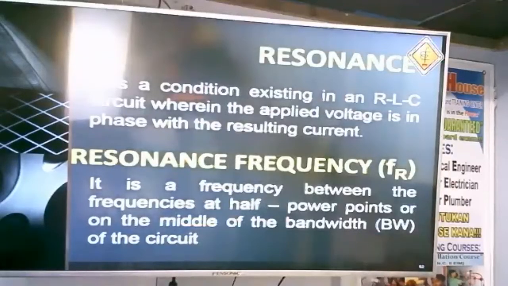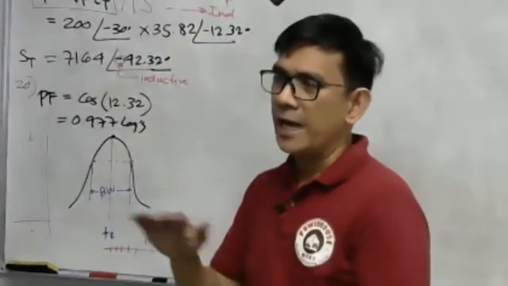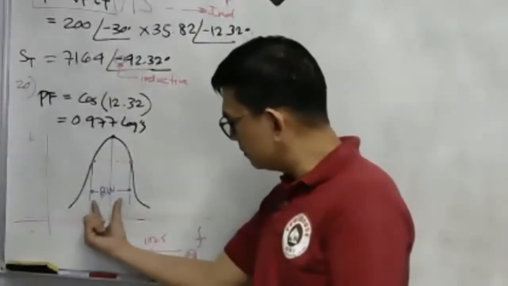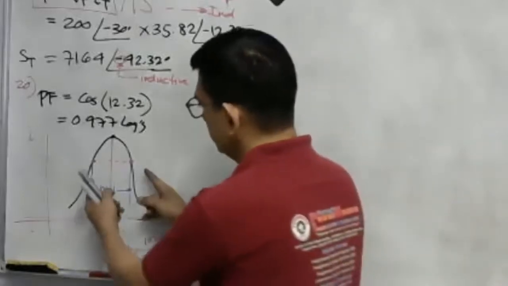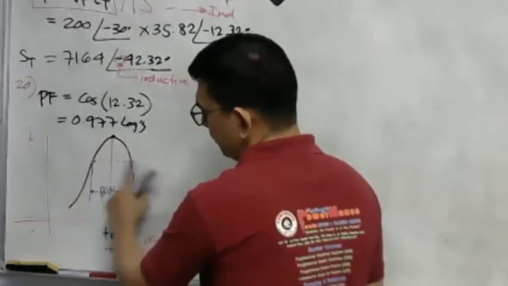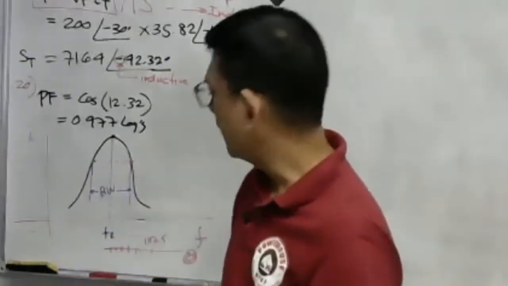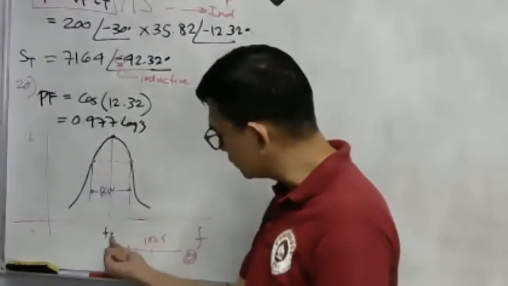These two points are the two half power points, wherein you have half power or signal. This is the upper limit and the lower limit of the half power point frequencies. This size is the bandwidth. At the middle of the bandwidth is your resonant frequency.